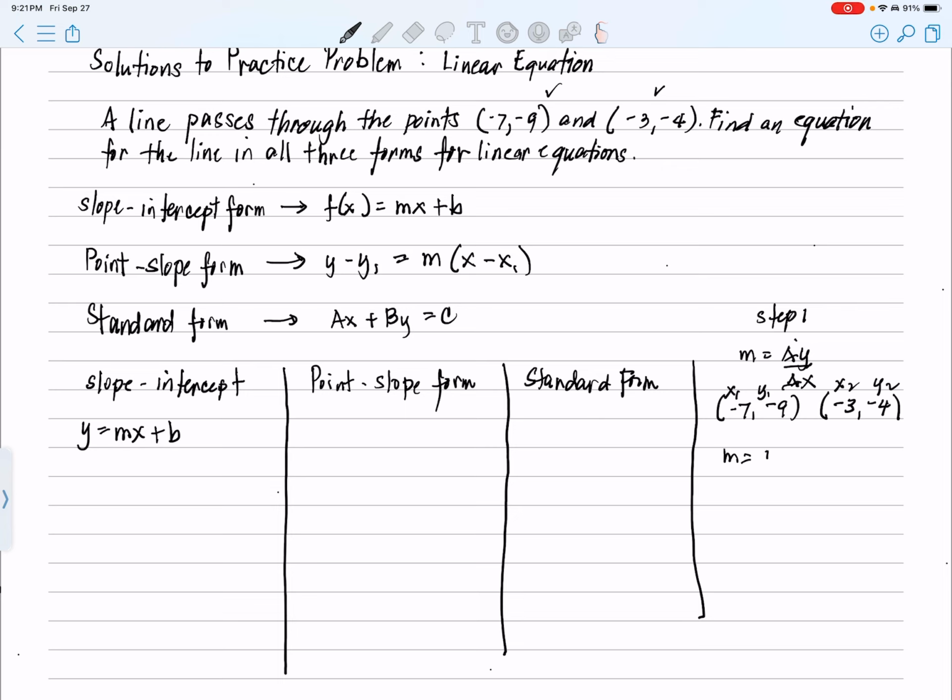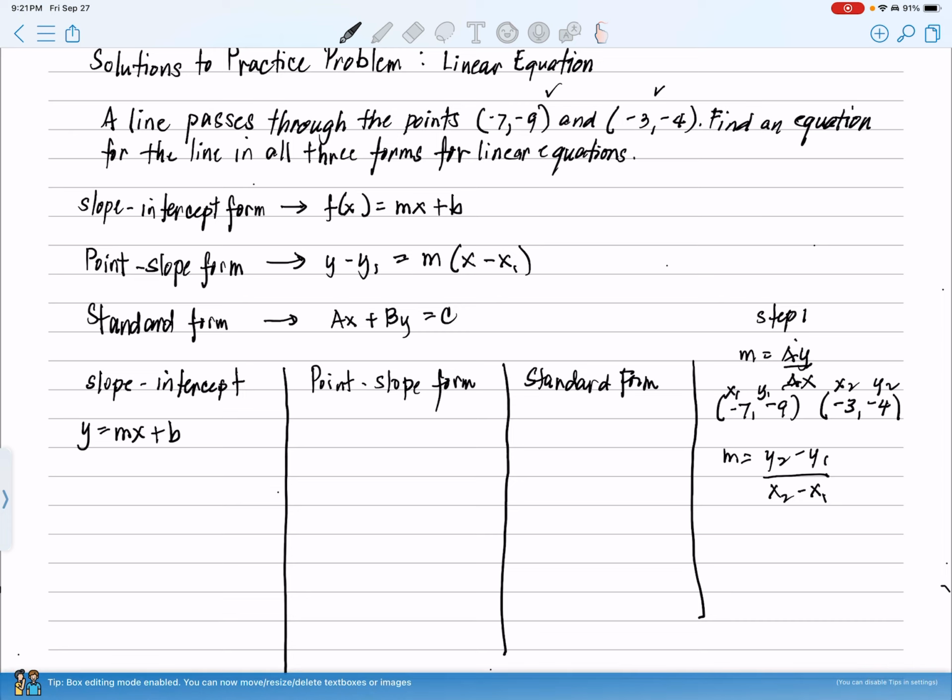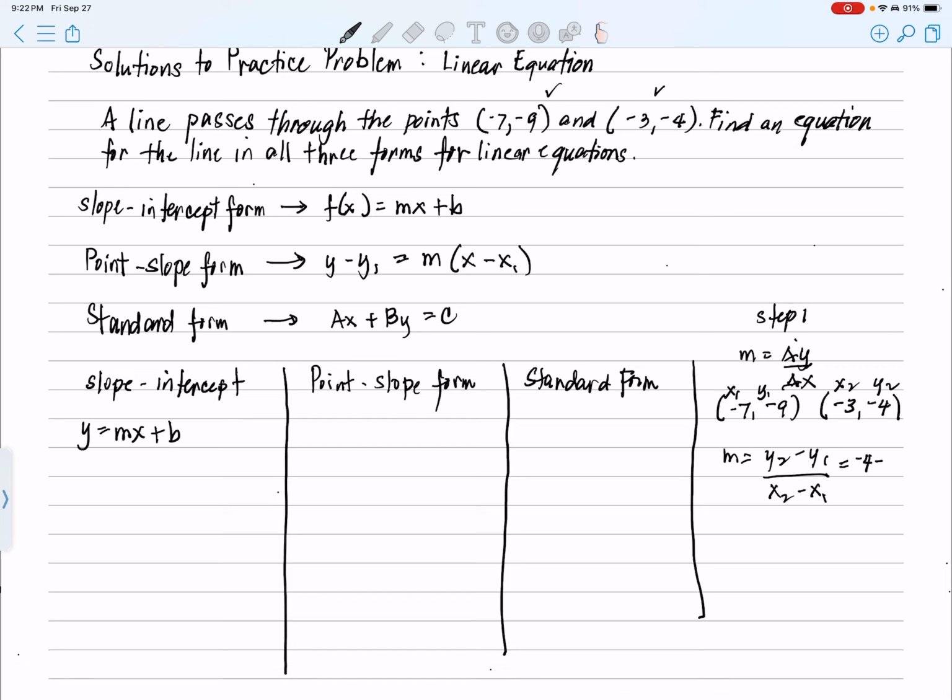So slope is y sub 2 minus y sub 1 over x sub 2 minus x sub 1. Substituting the values, y sub 2 is -4 minus y sub 1 is -9 over x sub 2 -3 minus x sub 1 -7.